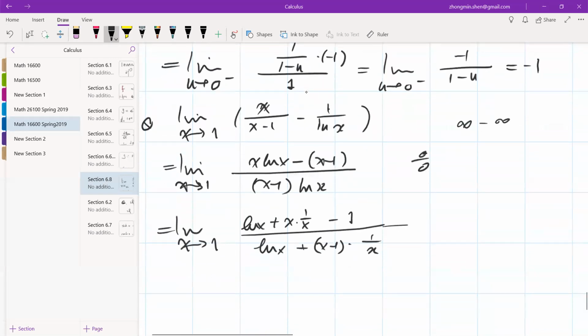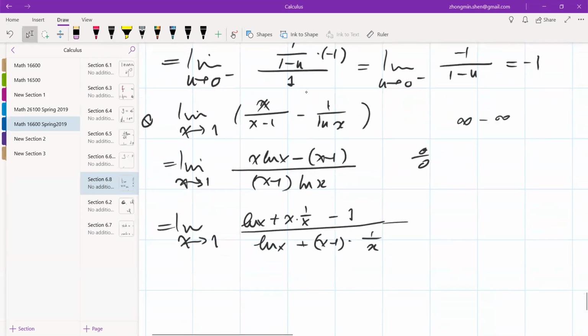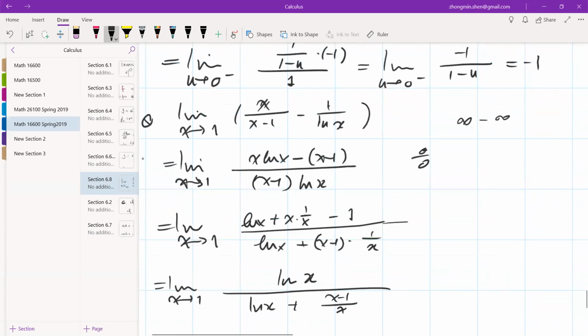Be careful when you differentiate; if you make mistakes, you're not going to get the right answer. The numerator just becomes natural log of x. The denominator is natural log of x plus x minus 1 over x.